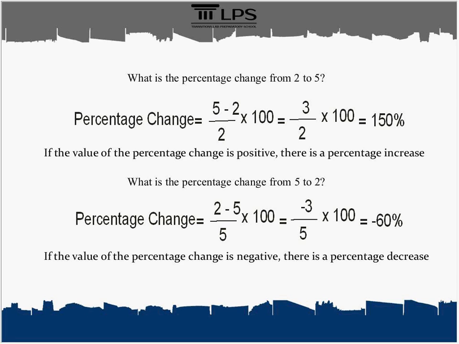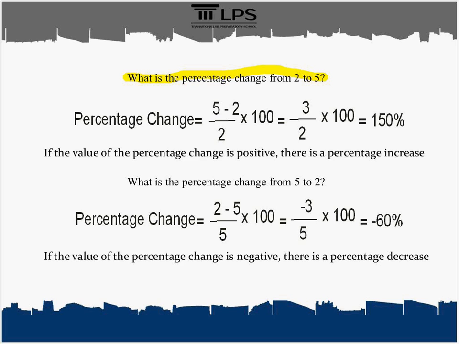The question simply says, what is the percentage change from 2 to 5? Percentage change is final 5 minus initial upon initial into 100. Percentage change is positive. Yes, it is positive. So I would say that there is a percentage increase.